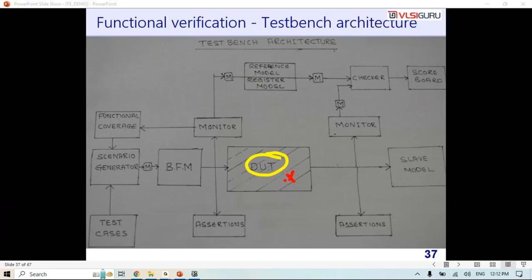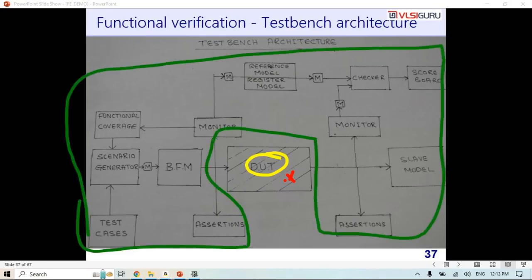For that, what the verification engineer does is set up this kind of entire test bench. This green box you see, that entire U-shaped box I have made, is called the test bench. This is the code I got from the design person.